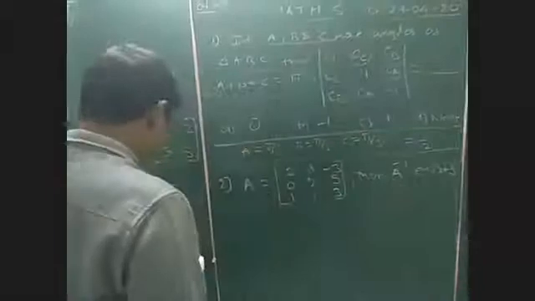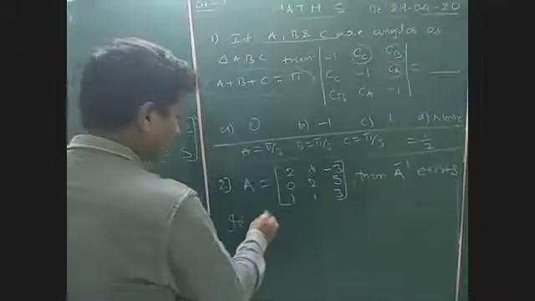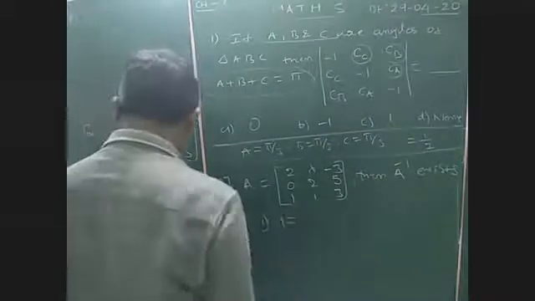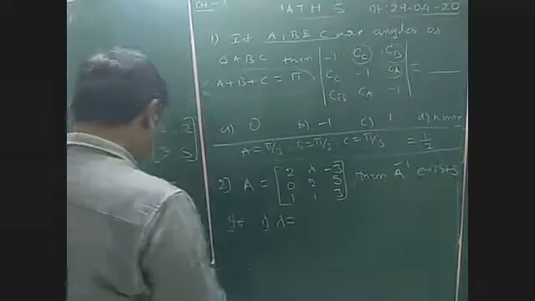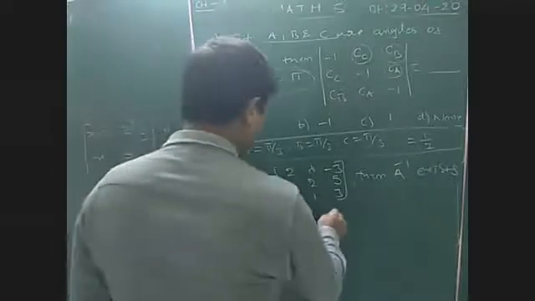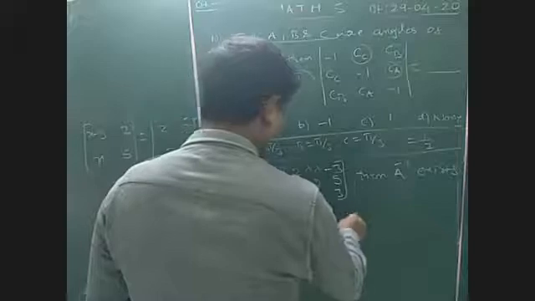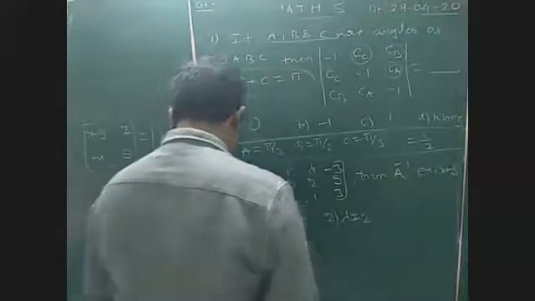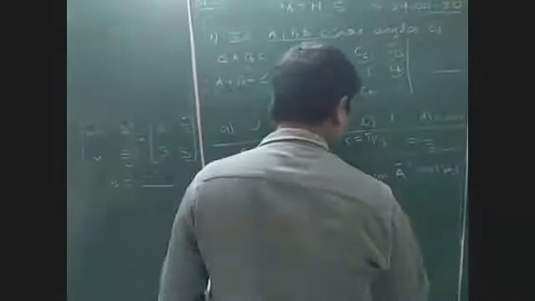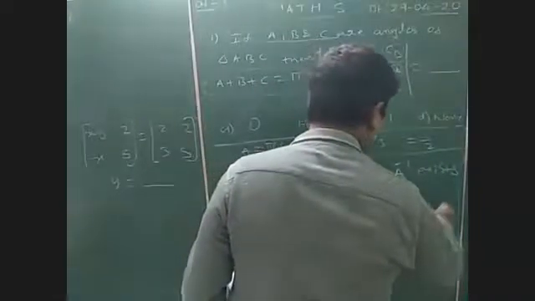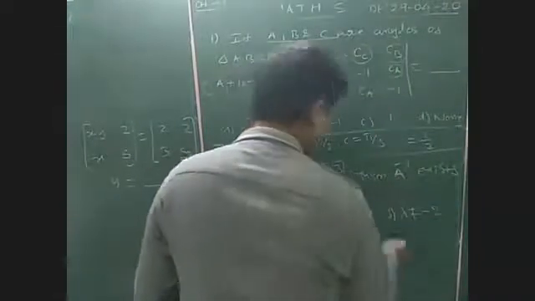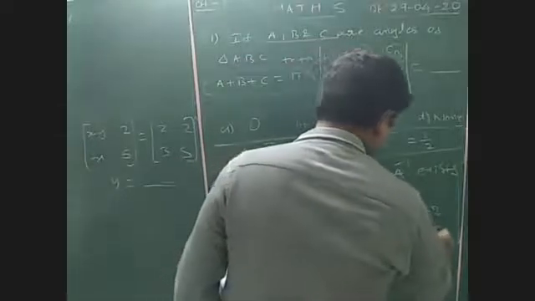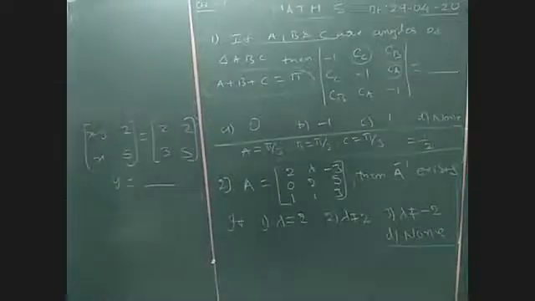A inverse exists if: first option, lambda is equal to 2; second option, lambda should not be equal to 2; third option, lambda should not be equal to minus 2; D option, none. All of you do both of these. I hope everyone got the first one's answer.